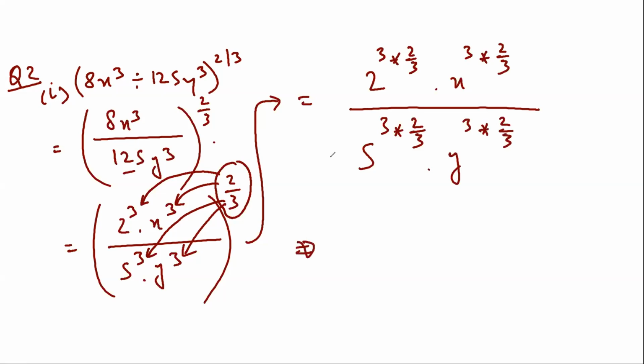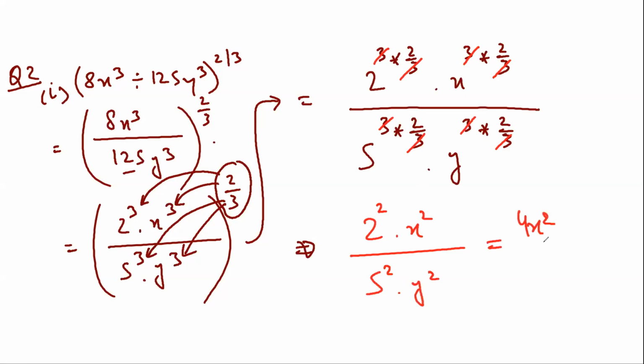Okay, now as you can see, all these 3s cancel off. I have 2 square upon x square upon 5 square into y square. This is equal to 4x square upon 25 y square. This is the final answer. Okay, let's move on to the next question.